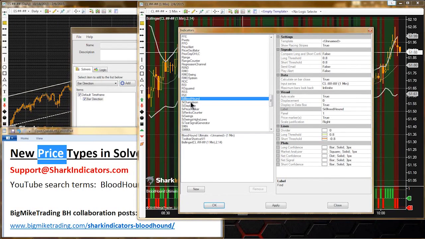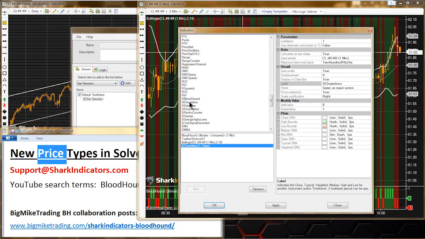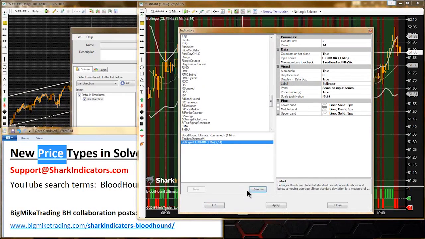You can see it has all of these prices here, and that's why it was built, so that you could get any of these prices into BloodHound. This indicator was nothing fancy, but now, in preparation for Falcon, we have these prices available in the framework of BloodHound.